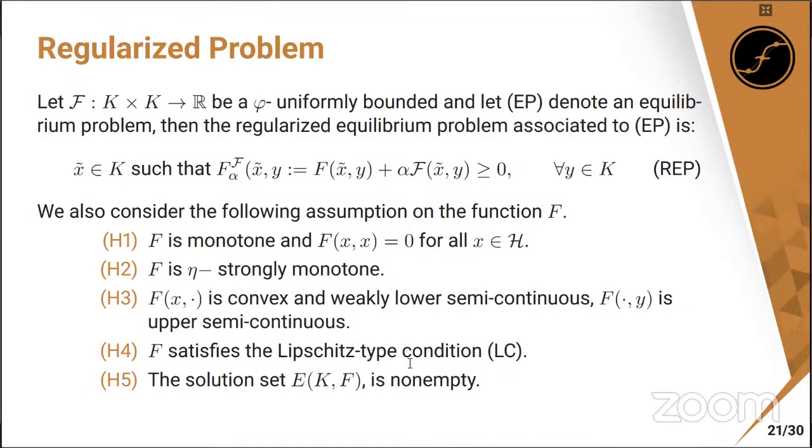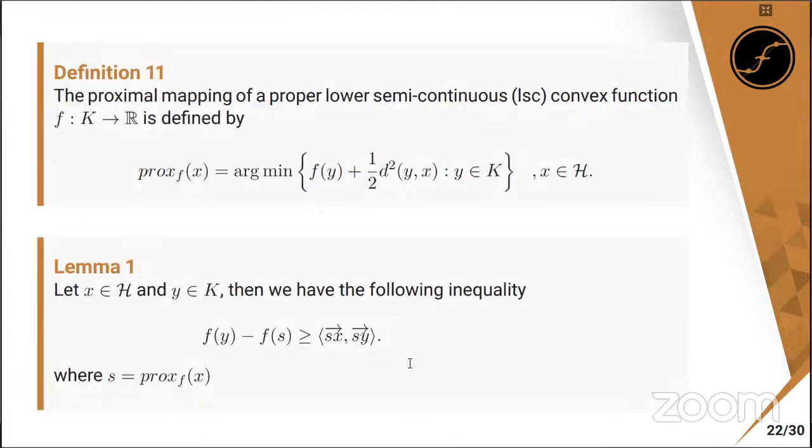We also assume that the function f satisfies the Lipschitz type condition, and that the solution set of EKF is non-empty. With this assumption, we have the following Lemma 1, which defines a relationship in terms of the proximal operator of the function, which is defined in this way.